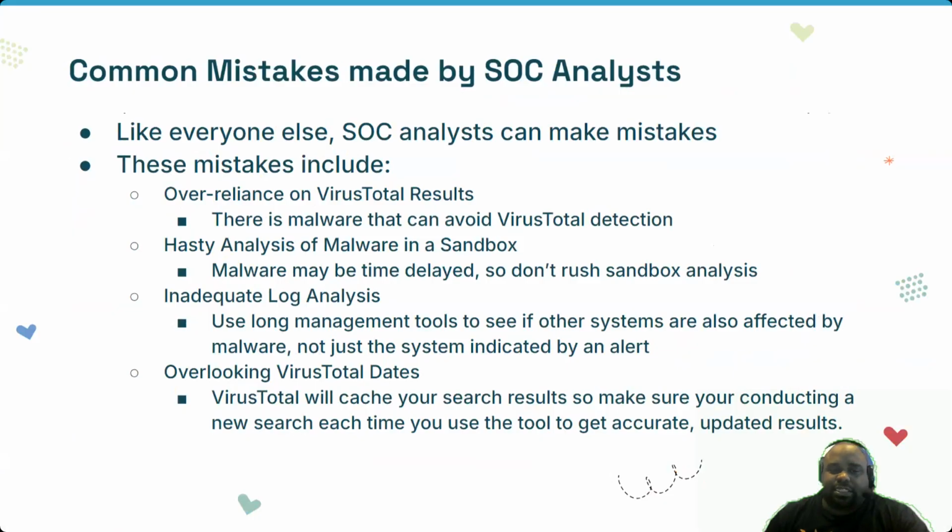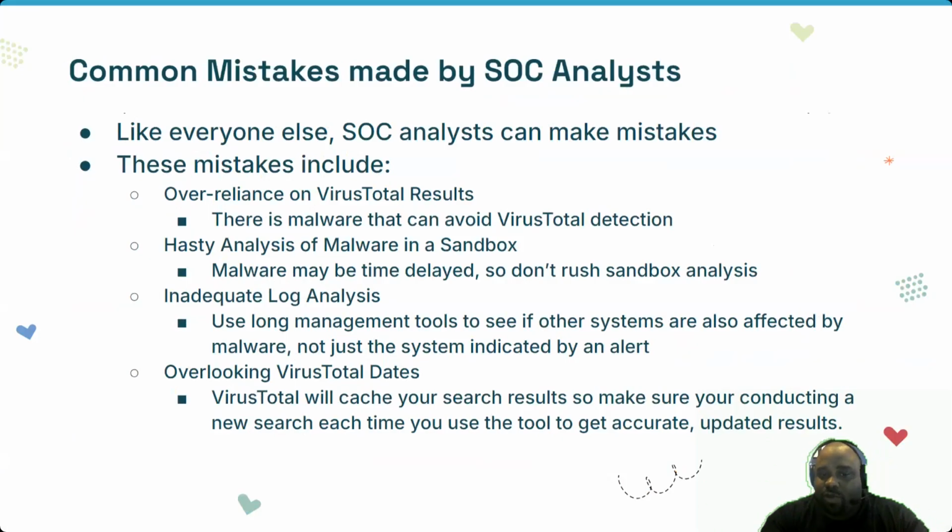And then lastly, back to Virus Total. Another mistake analysts might make is overlooking the dates on Virus Total. Like other types of web-based software, Virus Total can cache its results. So you search something, and it basically saves the results from the last time you looked it up.